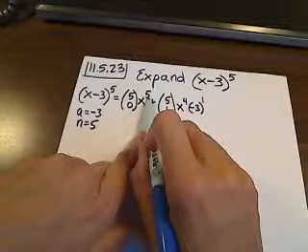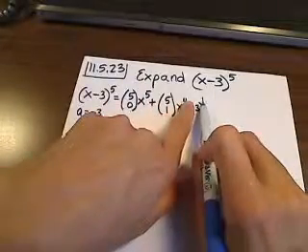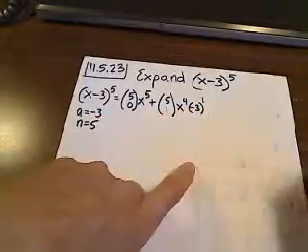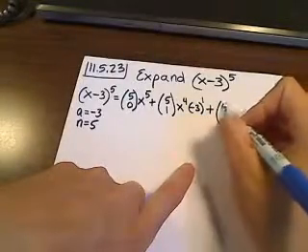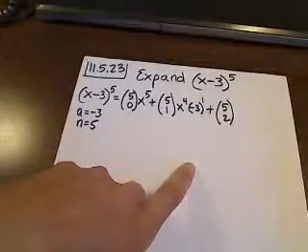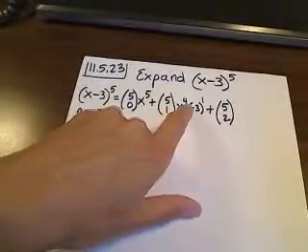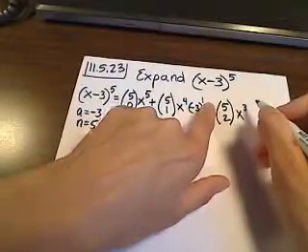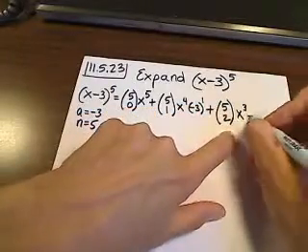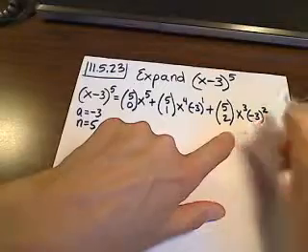Notice that you have a power of 5 here, between these two we have a power of 5, and that will continue to happen as we go down. So if we perpetuate this pattern, the next thing is a combination of 5 things taken 2 at a time. Descend the power on x, so it goes x to the third. Ascend the power on negative 3, so it becomes negative 3 to the second power.